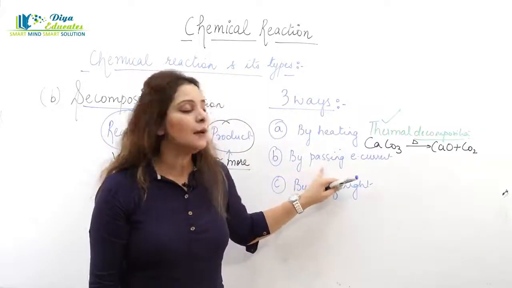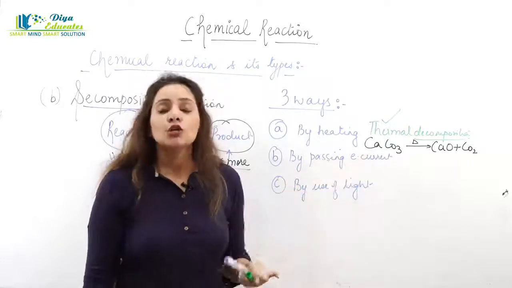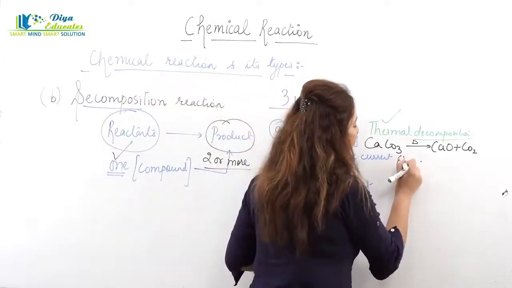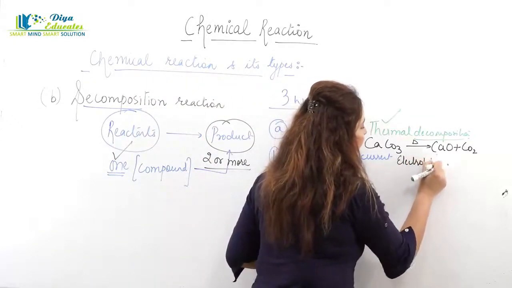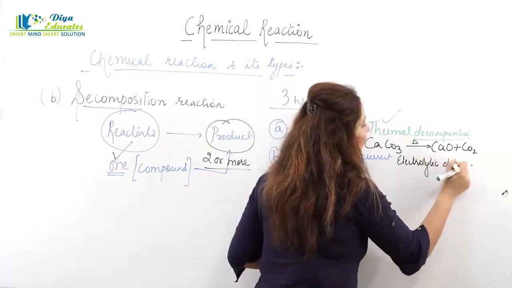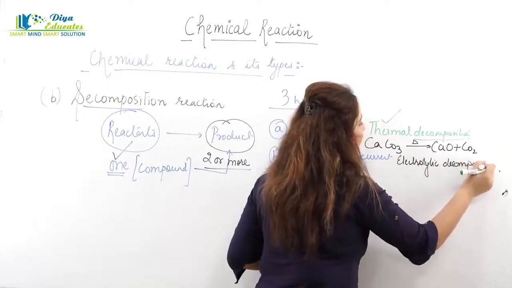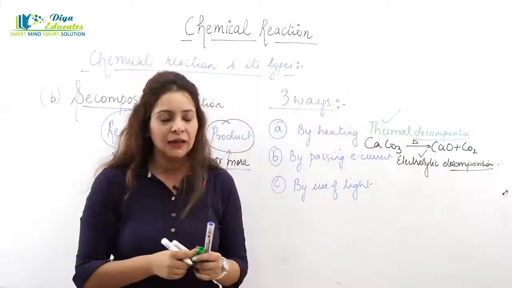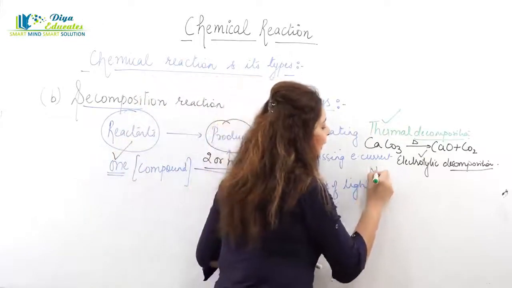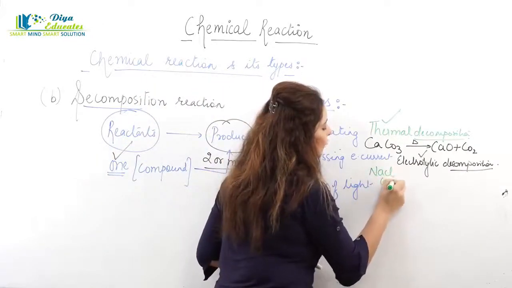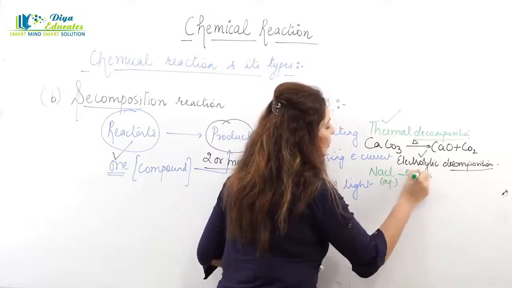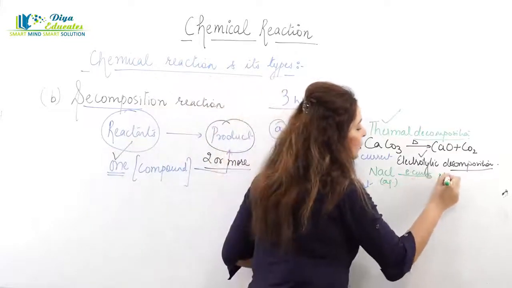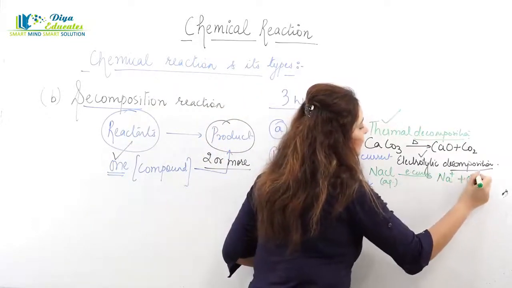Likewise, we can decompose a compound by passing electric current. When the decomposition is occurring by passing current, we call it electrolytic decomposition, meaning the breaking down of the reactant by passing electric current. For example, if I take an aqueous solution of sodium chloride and pass electric current through it, it dissociates and forms Na positive plus Cl negative.